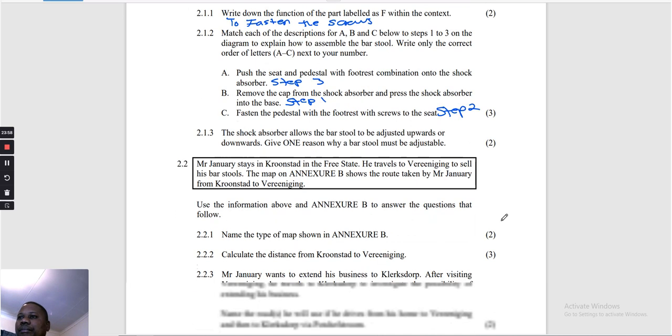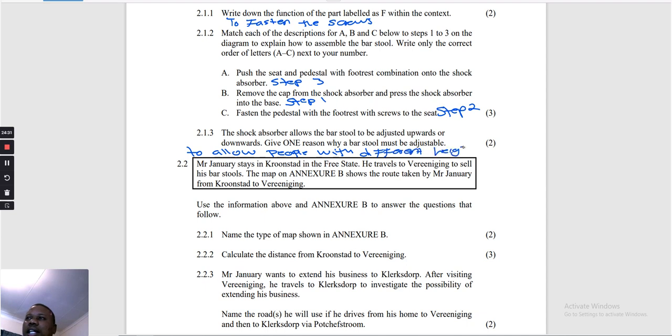Okay. They say the shock absorber allows the bar stool to be adjusted upwards or downwards. Give one reason why a bar stool must be adjustable. To allow people with different heights.